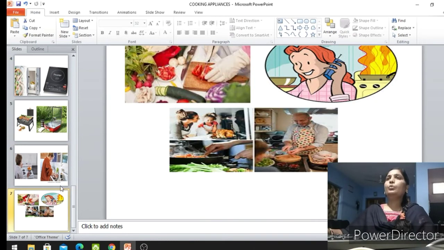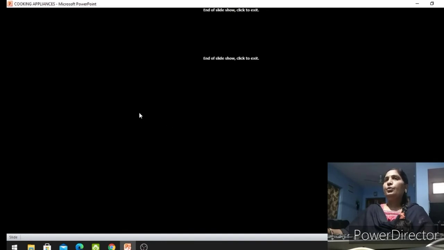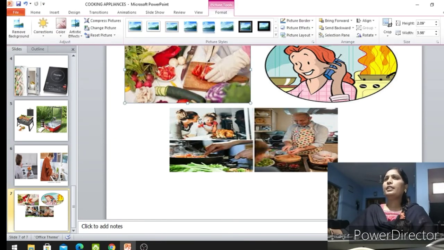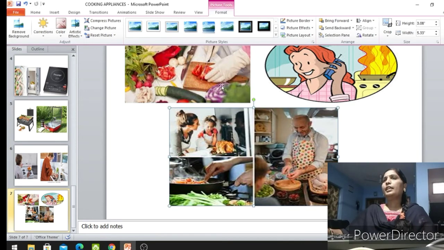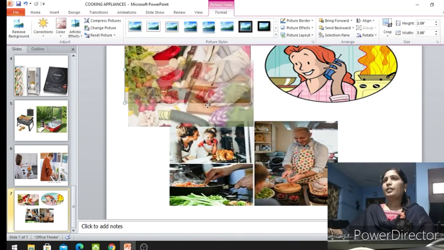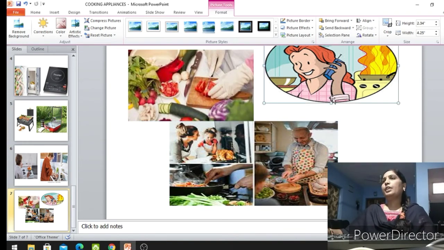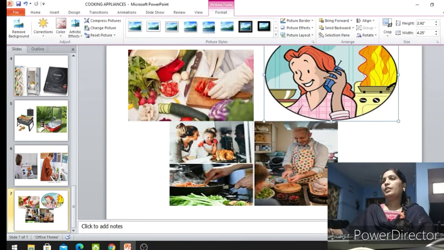And next, when we see the safe cooking methods, here it's showing how to cut the vegetables, what we are supposed to do while cutting the vegetables, how to keep our work area when we are cooking.